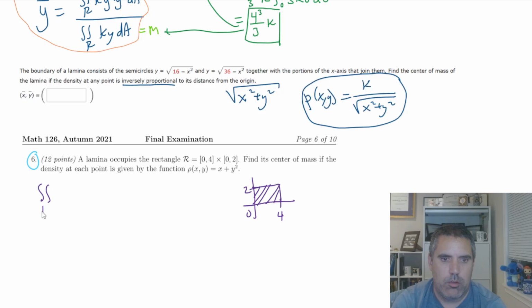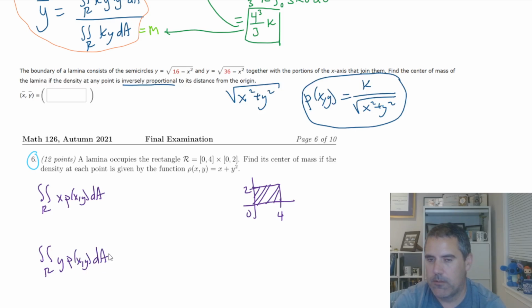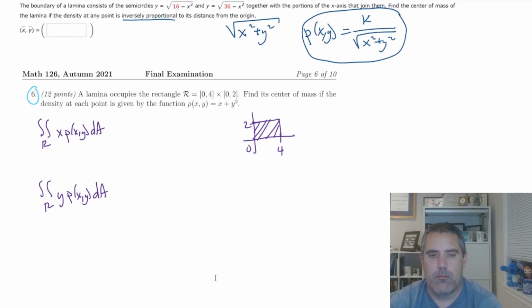The double integral over that region of x times the density, the double integral over that region of y times the density. Those are called the moments. And then finally, you need the total mass.